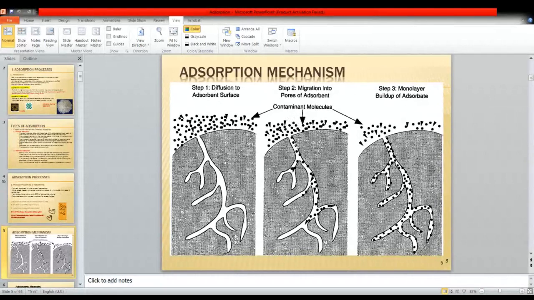The particles will go inside the pores. See, a monolayer is formed. Inside, only one layer is there. If you look at the walls, only one particle is occupying space. So you can say one layer. If another layer comes on the surface, then it will be multi-layer adsorption. Clear this?